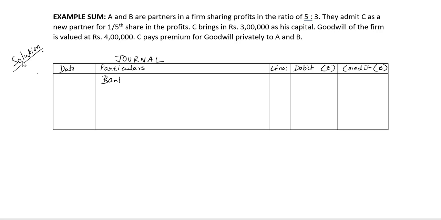For capital brought in, bank account debit to C's capital account, 3 lakh rupees.